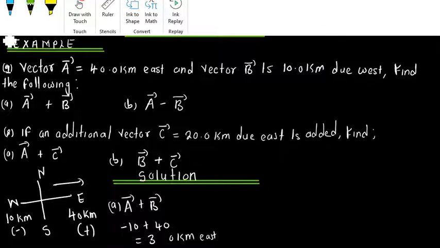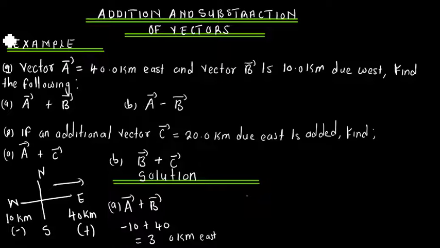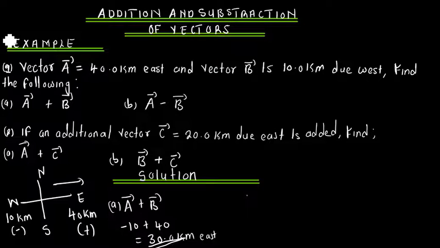Very easy. Okay, so that becomes our final answer. Let's try out the second question. The second question is simply saying we find A minus B vector. We can use the same procedure.